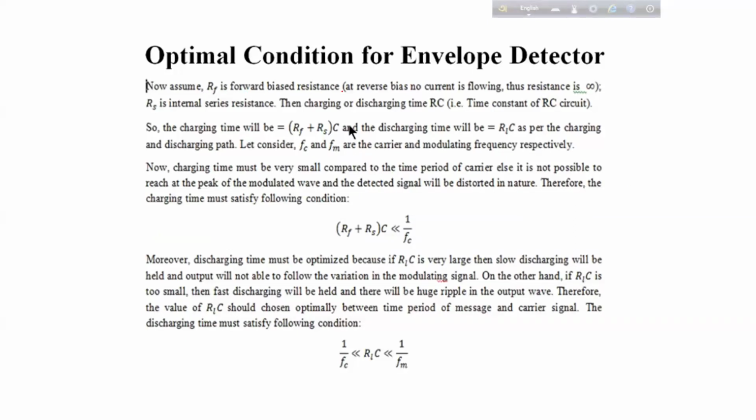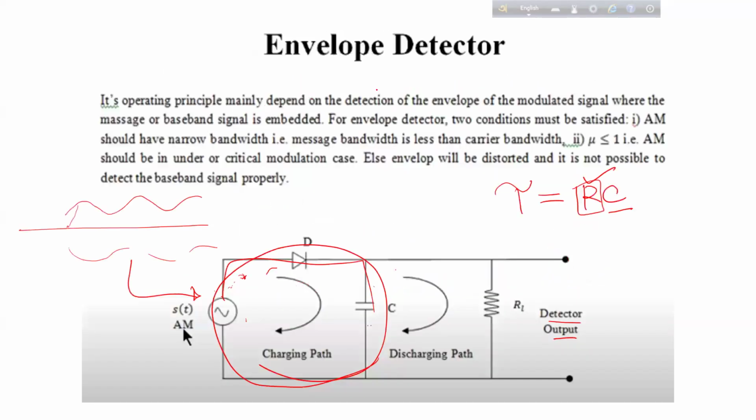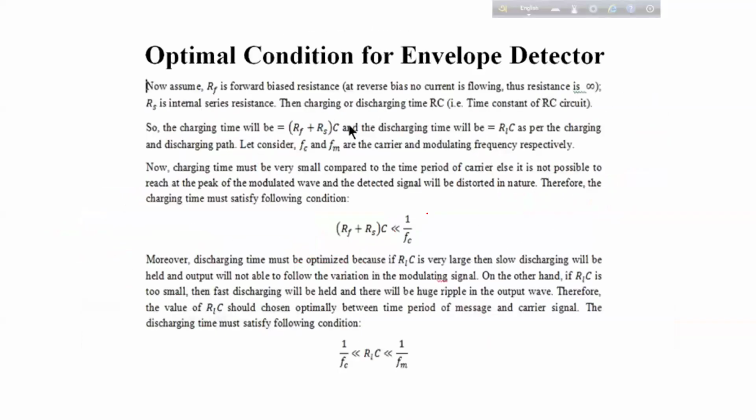RF is the forward bias resistance of this diode. And there is some resistance of the circuit as well, which is referred to as RS. RS is denoted as the internal series resistance.